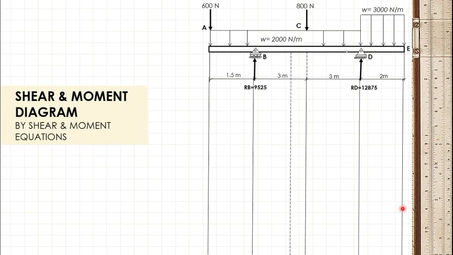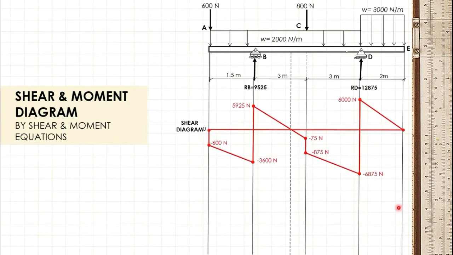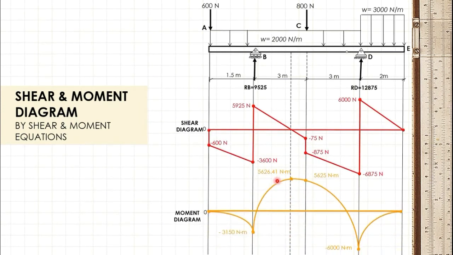Now we are done with showing our shear diagram and moment diagram by using shear equations and moment equations. After we draw the shear and moment diagram of the particular problem, we will sketch the expected deformation of the beam.